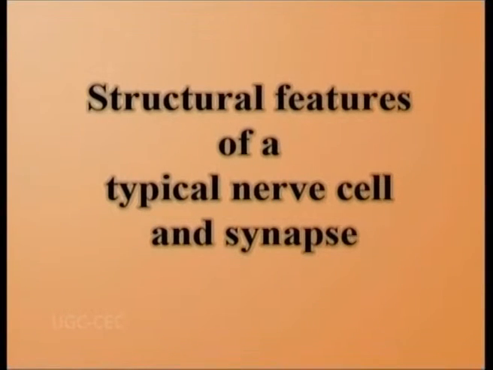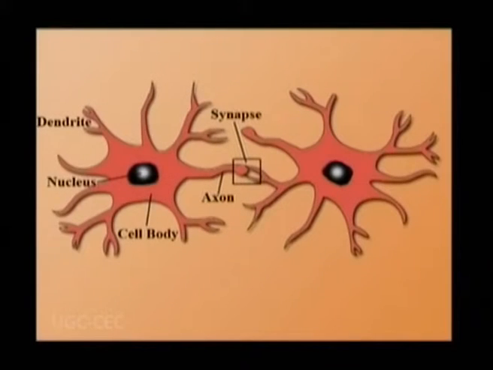Structural features of a typical nerve cell and synapse. The figure shows the major components of a typical neuron, including the cell body with the nucleus, the dendrites that receive signals from other neurons, and the axon that relays nerve signals to other neurons at a specialized structure called a synapse.